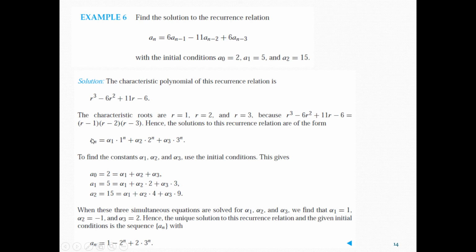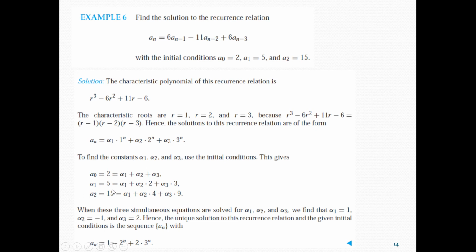So factorizing this characteristic polynomial, we have (r minus 1)(r minus 2)(r minus 3). Now put it equal to 0, we have r is equal to 1, r is equal to 2, r is equal to 3. That is, we have three distinct roots of the characteristic equation. So the solution of this recurrence relation will be a_n = alpha_1 1^n + alpha_2 2^n + alpha_3 3^n, right?